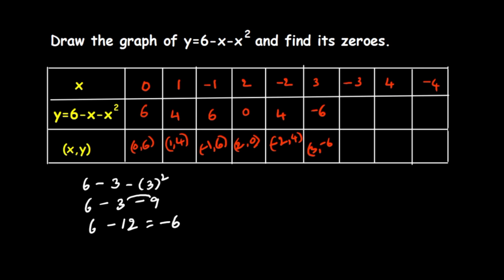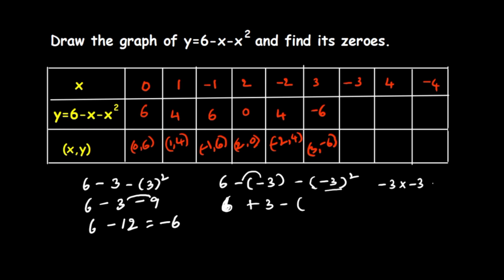Then the next point is minus 3. That minus 3 we are going to substitute. So that's 6 minus of x, x is minus 3, minus x square, that means minus 3 square. So this is 6 minus of minus plus 3, minus this minus 3 square, that is minus 3 into minus 3, minus into minus plus, 3 into 3 is 9.